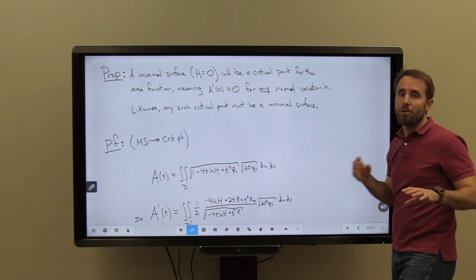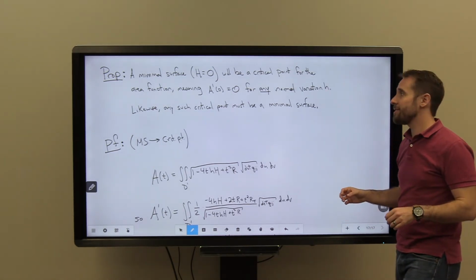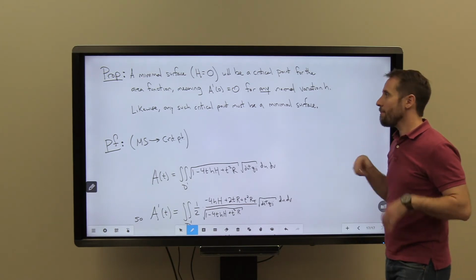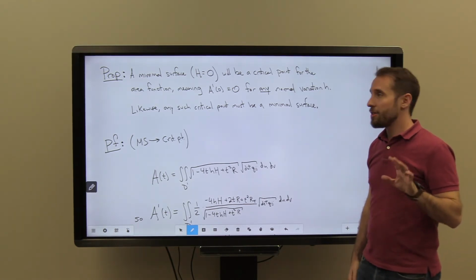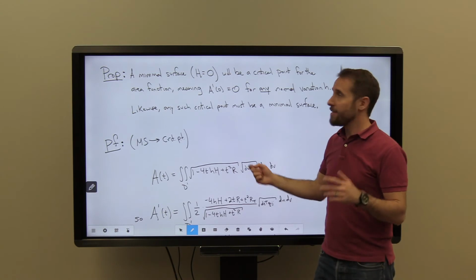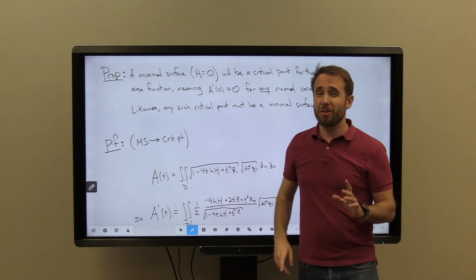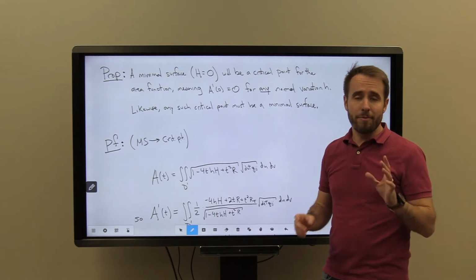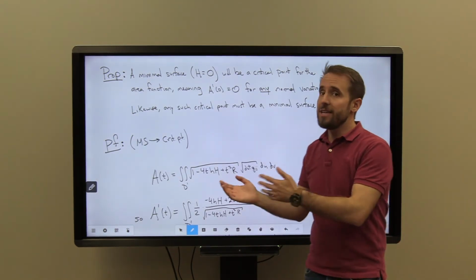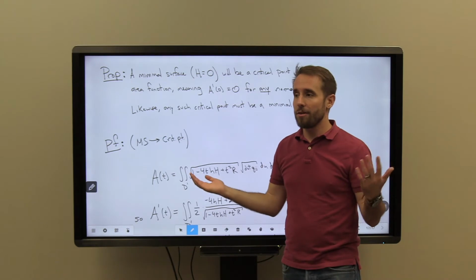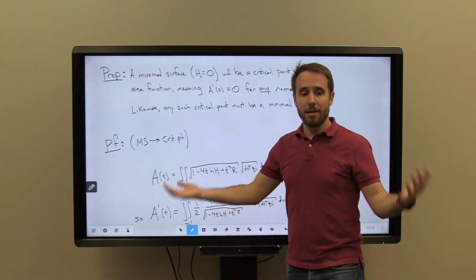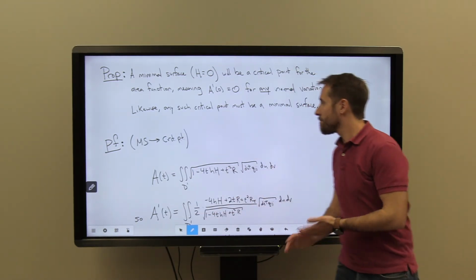So no matter what my normal variation function little h was, this will be true. Likewise, any such critical point, so any surface that satisfies this for any normal variation, must actually be a minimal surface and must have mean curvature zero. So these two kinds of ideas are not interchangeable, but they are one and the same.